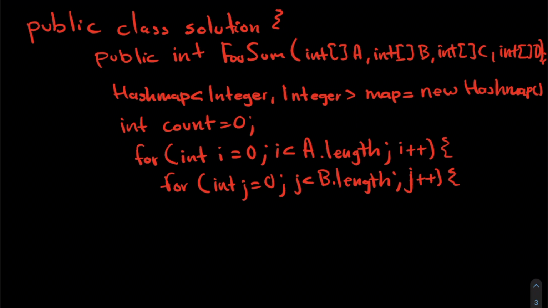So now we just basically need to add the values up from those 2. I'm going to call it sum, equal to a of i plus b of j.